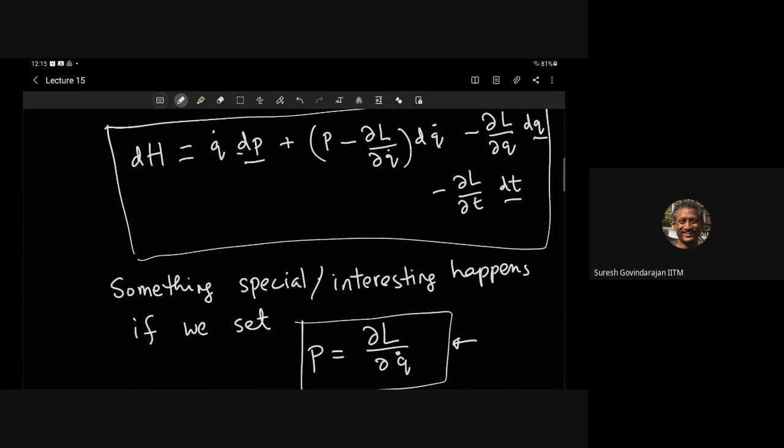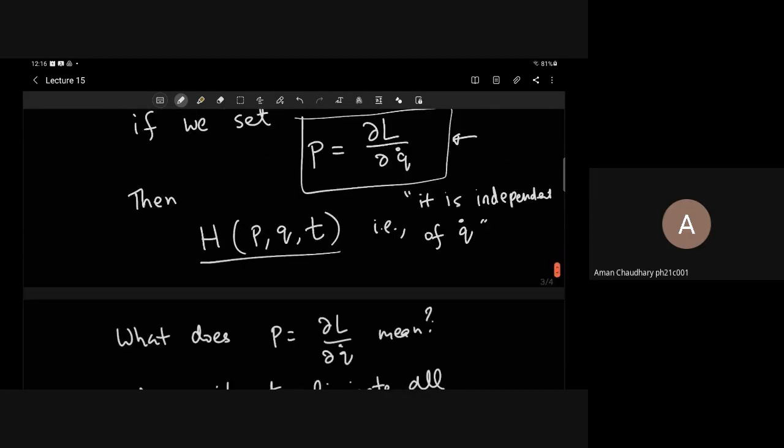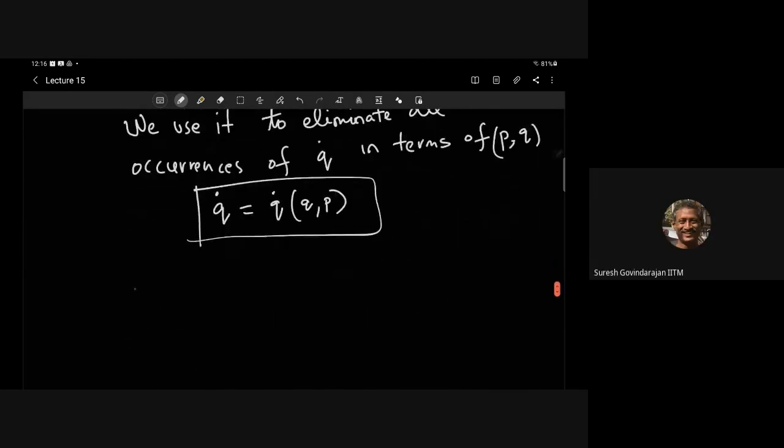The p was just some placeholder. We defined it to be the generalized momenta. We didn't think of it as an independent variable. We just said that p is that function of q dot and q which you get by taking the partial derivative of L with respect to q dot. Okay? Yeah.